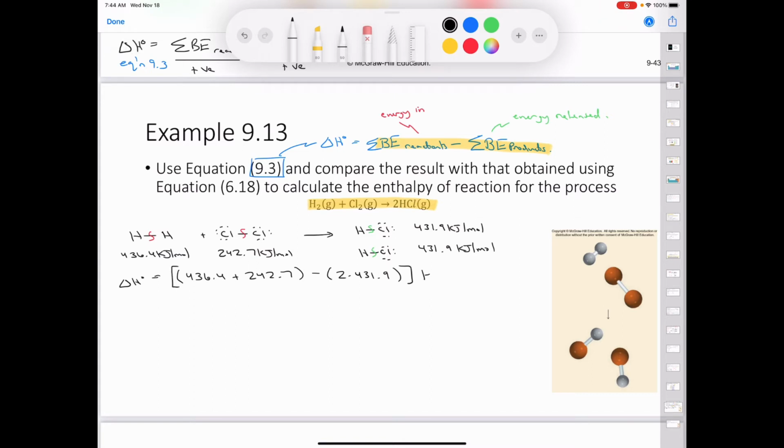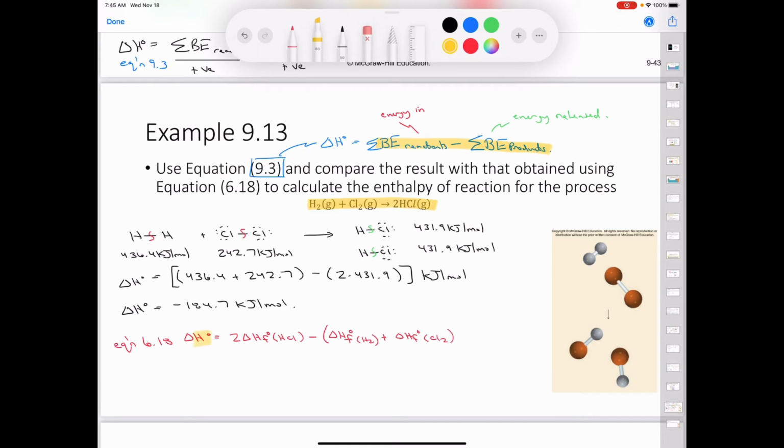So we'll put all that in there, and then we'll put kilojoules per mole. And when we work out the delta H of this reaction using bond enthalpies, we get that it is negative 184.7 kilojoules per mole.